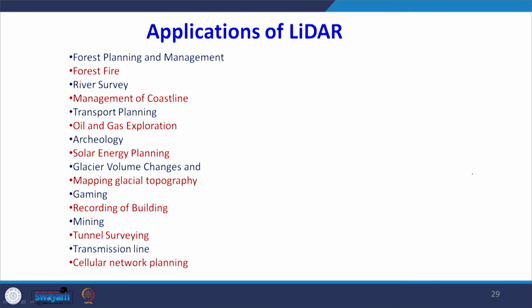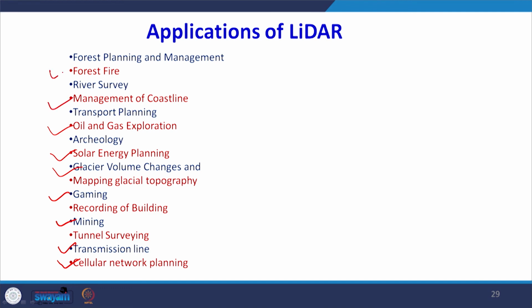Now there is a very large number of applications. As far as mapping and civil engineering are concerned, there are applications listed here. Outside the civil engineering domain, there are applications listed as well. People are using it in mining, in cellular network planning, in planning of transmission lines, in gaming technology, glacier volume change, solar energy planning, oil and gas exploration, and management of coastline areas.